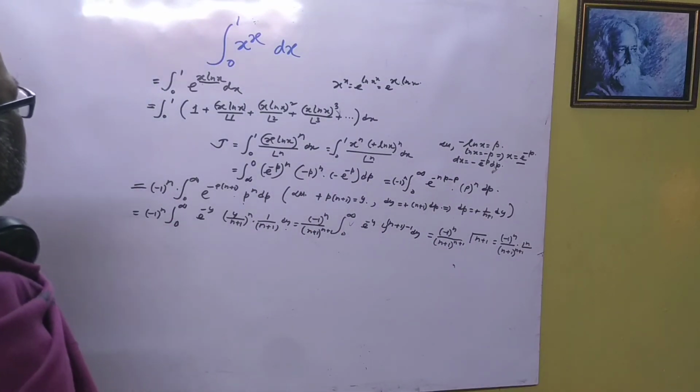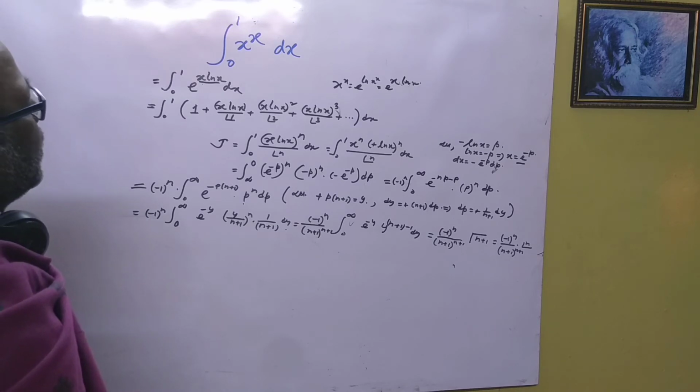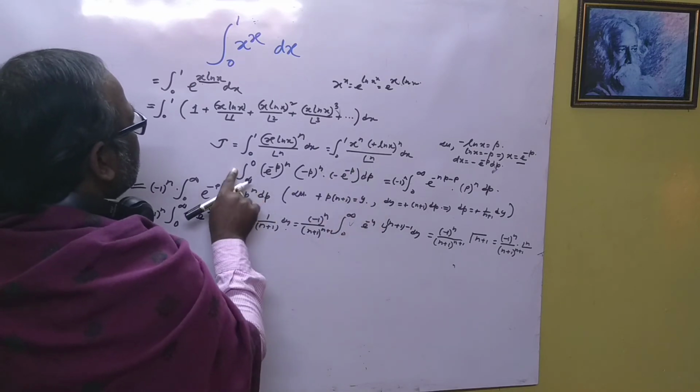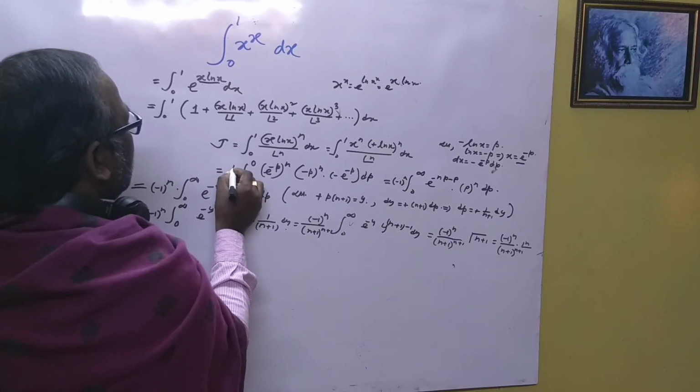This is the formation of that. Okay, there was a mistake here. This is here factorial n also, 1 by factorial n.